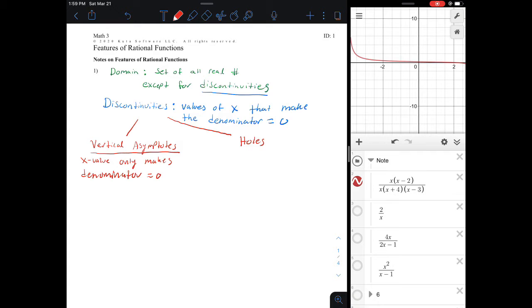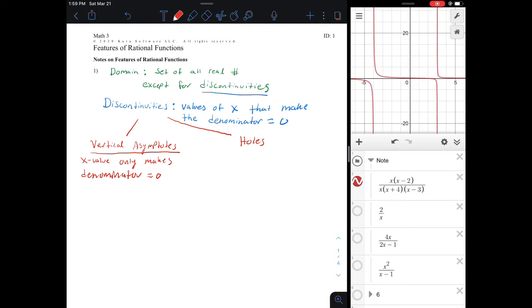So at -4 and +3, the behavior of the graph is unbounded behavior. That is what I see graphically.